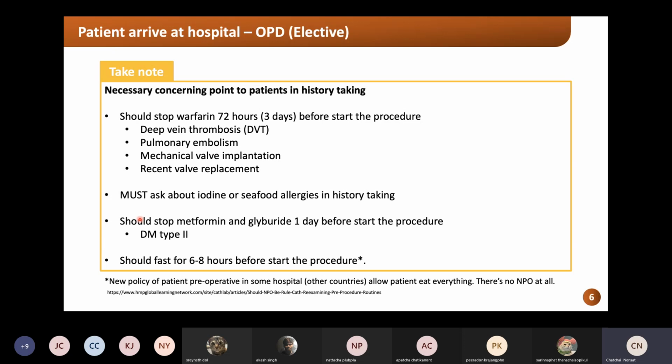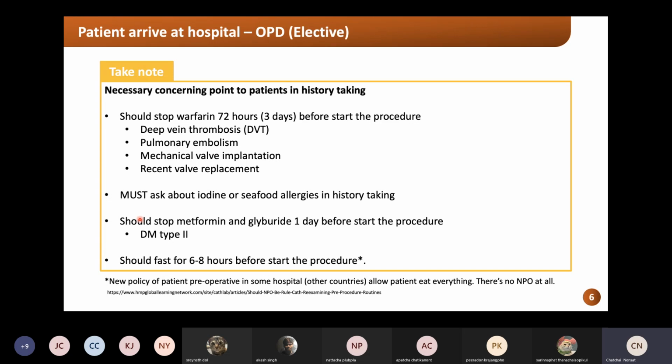So we need to tell the patient to stop the warfarin for 3 days before starting the procedure. Like, in case today the patient has to come to the hospital and have the procedure, before this day, like 3 days earlier, we have to call the patient to stop the warfarin.